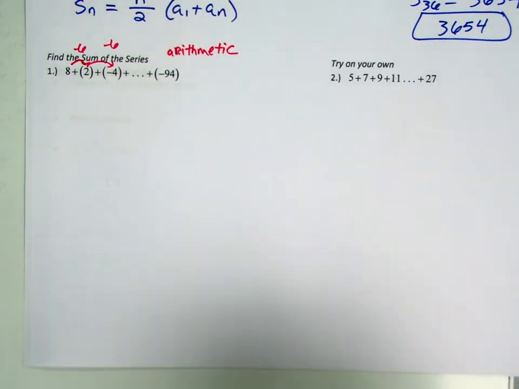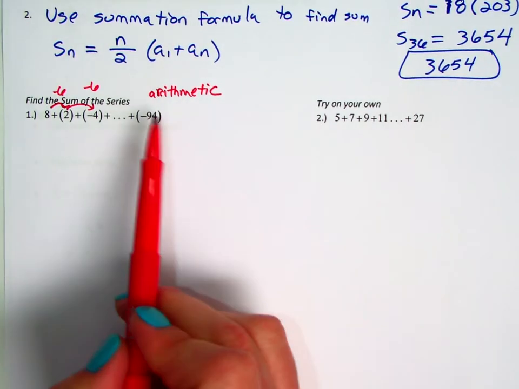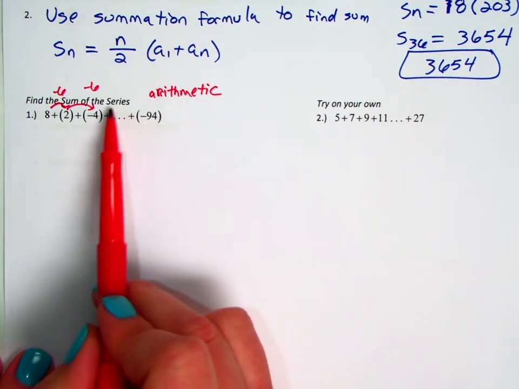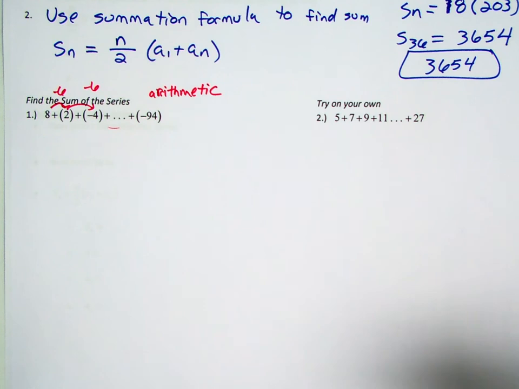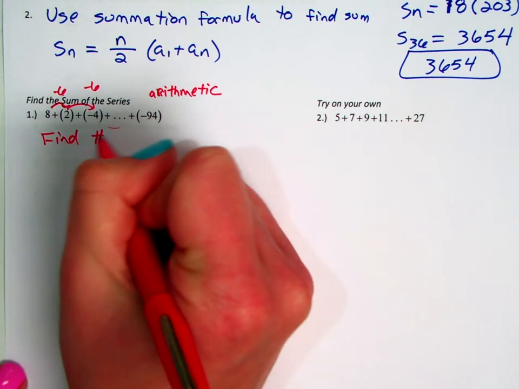Now, if I knew the number of terms, I could go straight to my summation formula. But I don't know how many terms there are because there's a whole bunch in the middle. It could be 20, it could be 10, it could be 4 terms. We don't really know. We're going to have to find the number of terms first.